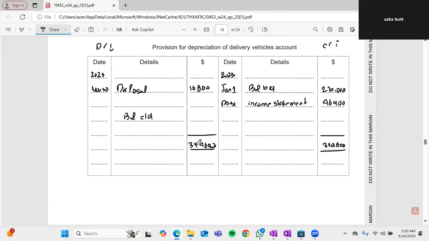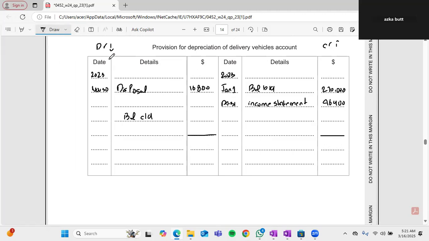So this is equal to... Sorry, the total of the credit side is not this. This is 366,400.